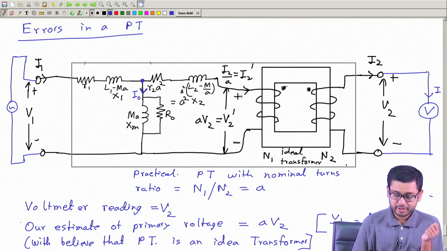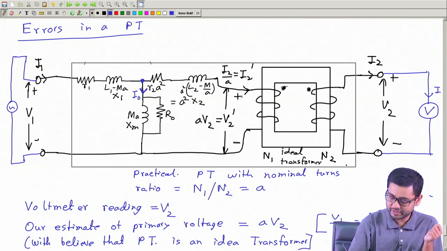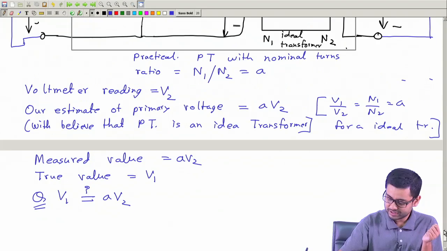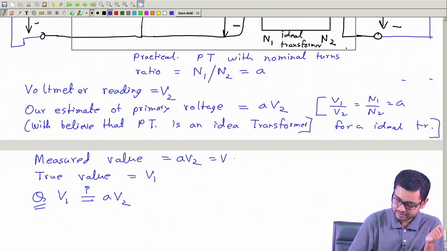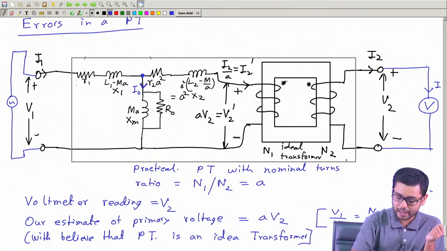No, because AV2 is actually the voltage that appears here, V2 prime, in this circuit. So this is AV2, the measured value, and the true value is the voltage that appears here.